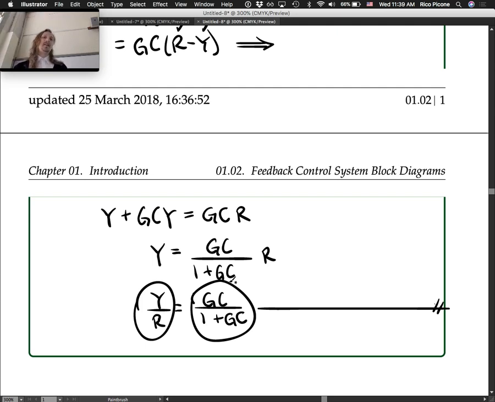So there will be poles and zeros in this one too, right? There will be values of s for which the numerator is 0, so those are the zeros, and values of s for which the denominator is 0, and those are the poles, right? And then we're going to talk extensively about closed loop poles, closed loop zeros, and how, remember, the closed loop poles govern a lot about how the system behaves, right?